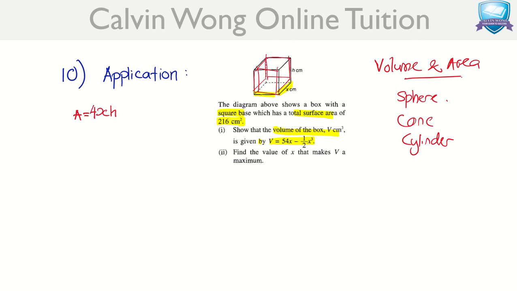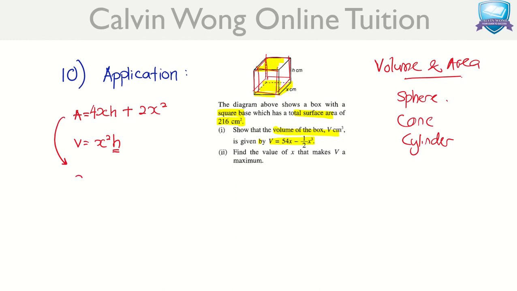So you have 4x times h plus the bottom plus the top, that will give you 2x squared. Okay, and then the question asks you to show the volume. Volume equals x squared times h. So how do we get rid of h?